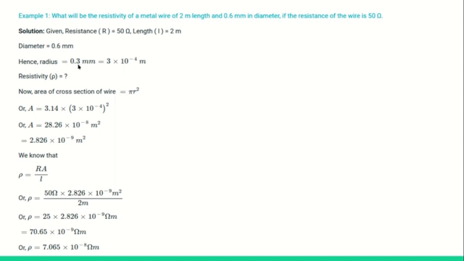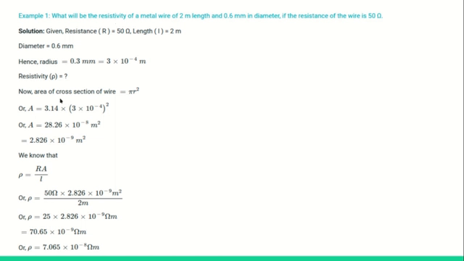Actually, if you want to convert millimeter to meter, you need to multiply by 10 raised to minus 3. So you will get 0.3 into 10 raised to minus 3, and if you want to remove the decimal, it becomes 3 into 10 raised to minus 4 meter. Now we need to find out the resistivity.